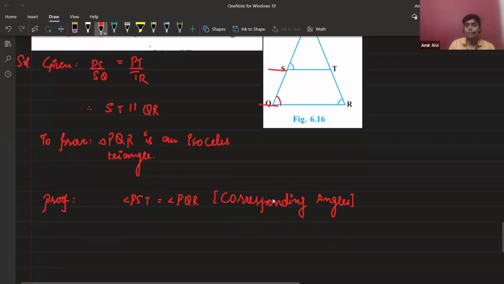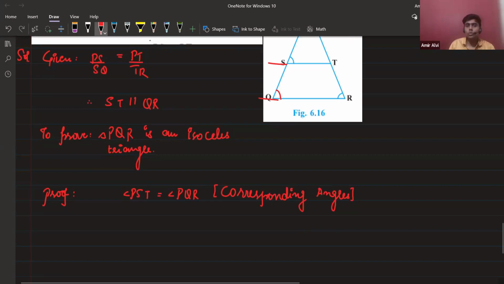Before coming to the class, revise the lines and angles properties, parallel lines properties. What are alternate angles, what are corresponding angles, what are vertically opposite angles? Clear? Very good.